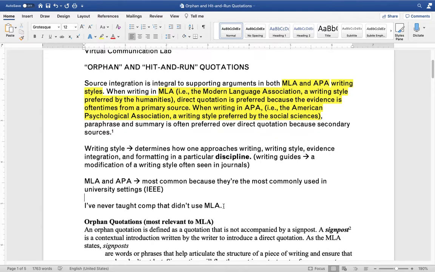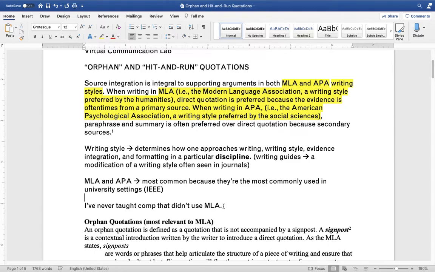It happens in all universities where students are sometimes taking classes where they're writing in different writing styles at the same time, or they've taken courses in one writing style and then they have to switch to another. I'm used to teaching comp in APA now.